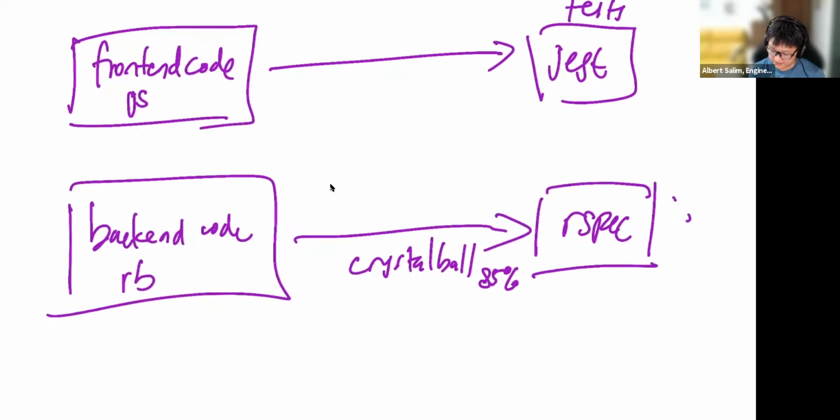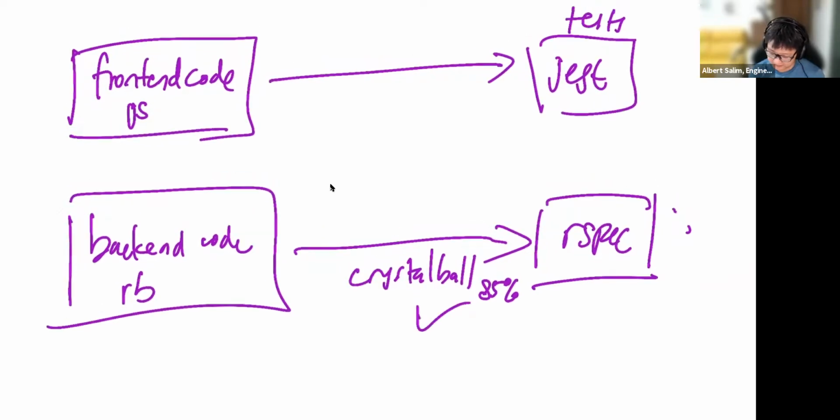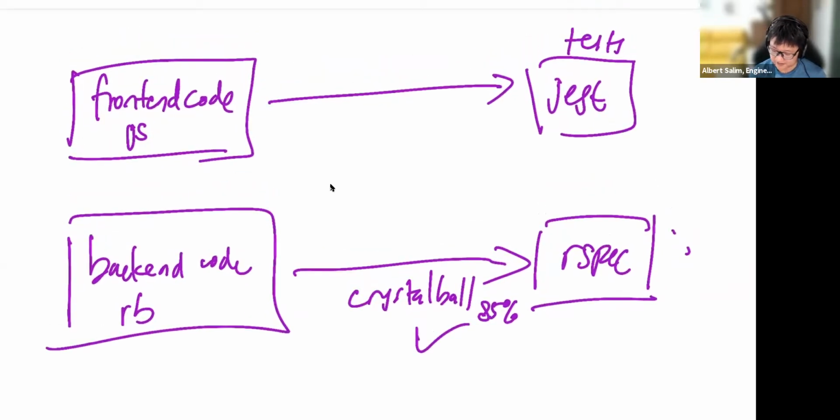We have done this so far. And then for front-end code, we are actually using Jest itself. Jest has this feature called find related tests, which has been pretty good. It's more than 95% accurate, I would say. I think it's even close to 100%, because the failures that we found were actually master broken failures that also exist in the main branch.